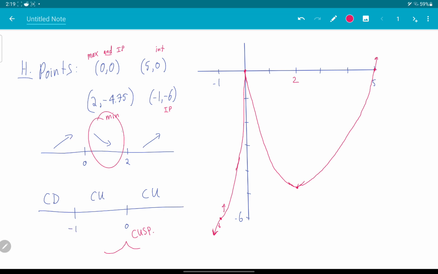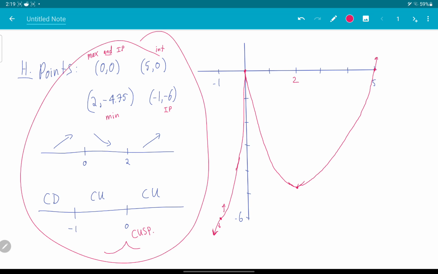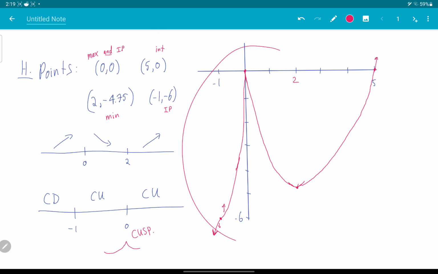I am increasing and then decreasing as I go through the origin. And I am concave up before and concave up afterwards. So I get this cusp happening here. So what I usually do is connect the dots in an intelligent way and then just make sure that everything here agrees with what I've drawn here.